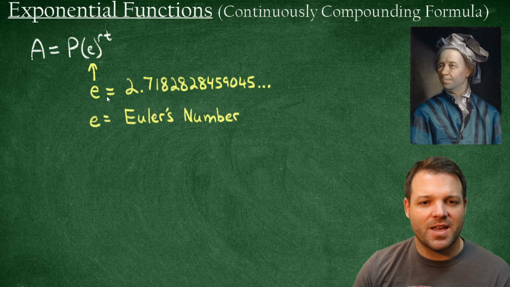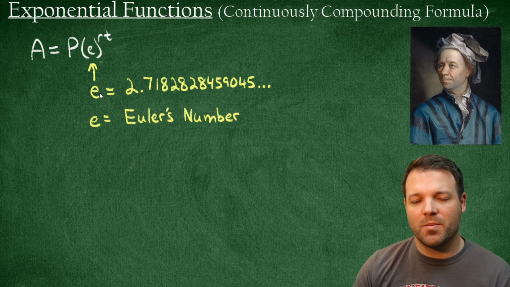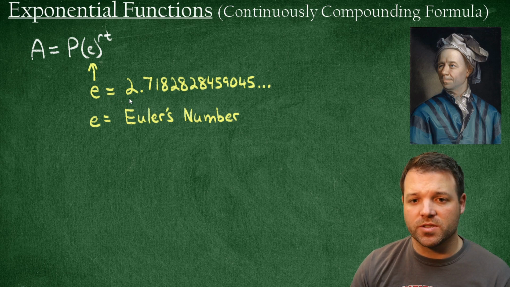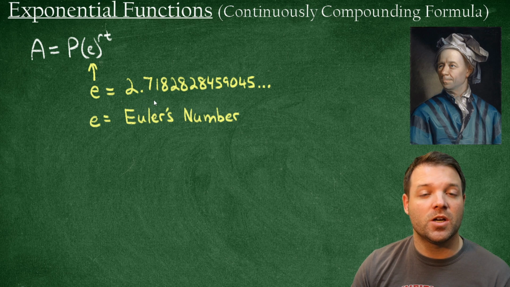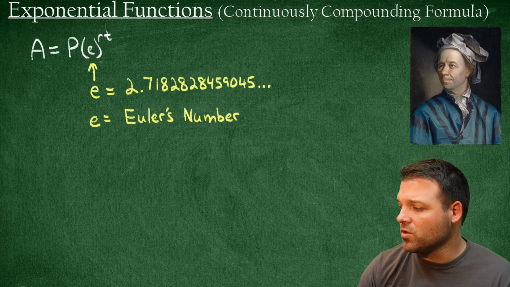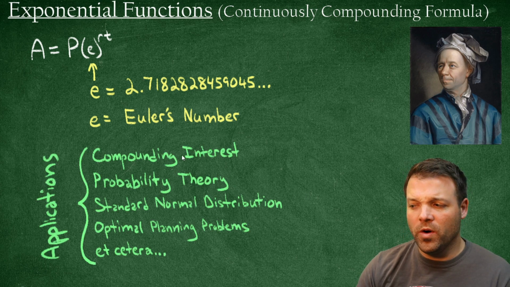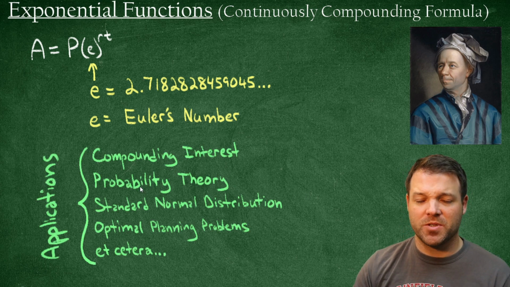Well, we do the exact same thing with E. So remember, pi and E are not variables. They are specific numbers, and they happen to be irrational, so they go on forever with no particular pattern. Now, Euler's number pops up all over in mathematics, just like pi does.